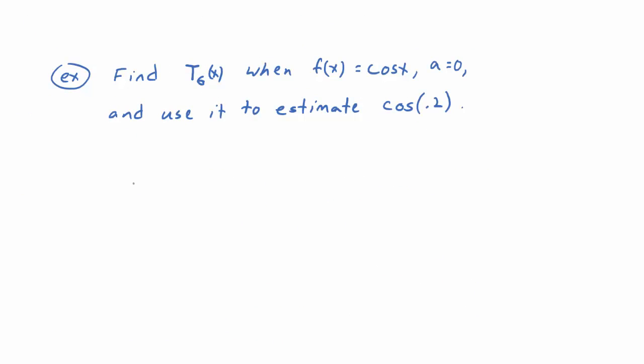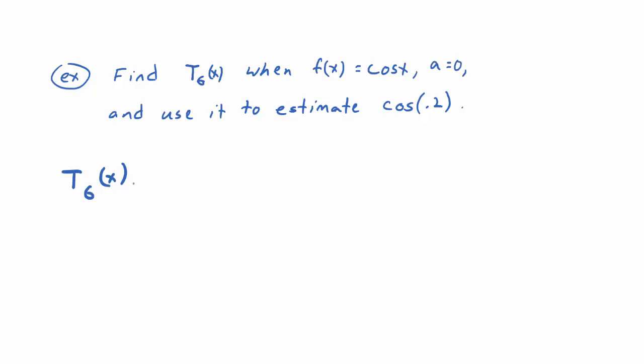Let's go ahead and find T6 of x when f of x is equal to cosine of x and a equals 0. And let's use it to estimate the cosine of 0.2. The way this can get a little confusing is if you use the formula directly. So what we're going to do is just write out longhand the sum we developed for the cosine of x and stop when we get to an exponent of 6. Does that make sense?